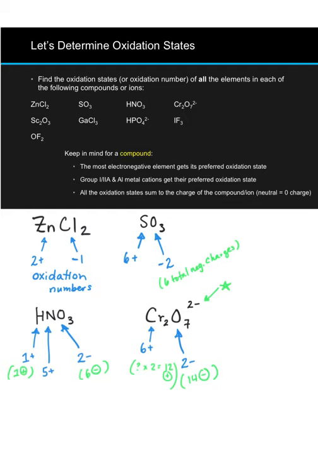Take a few moments at this point to assign oxidation numbers to all of the atoms in the remaining compounds, and then come back to this video and I'll show you these results.